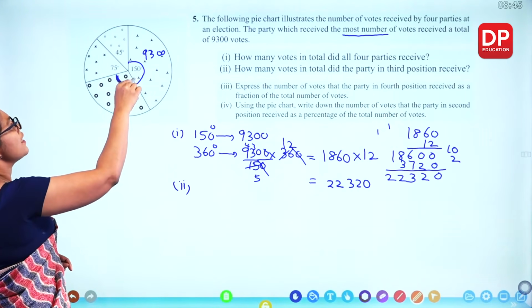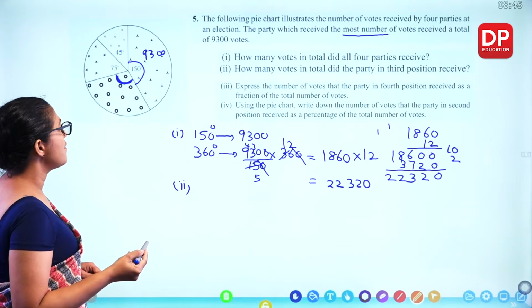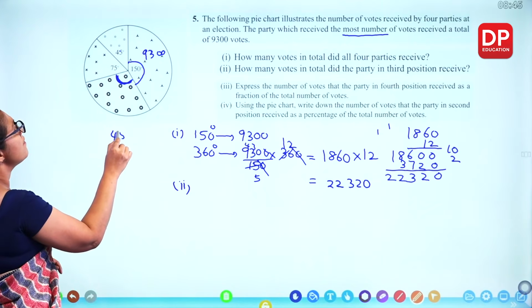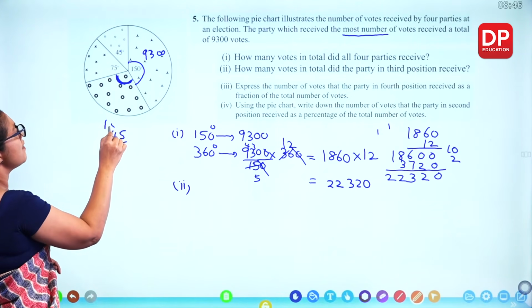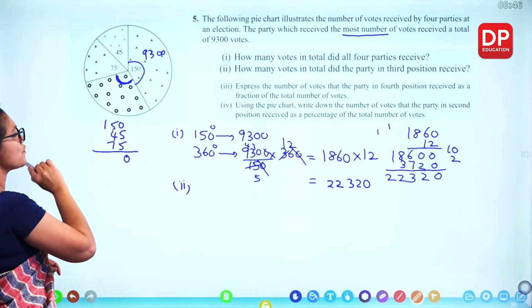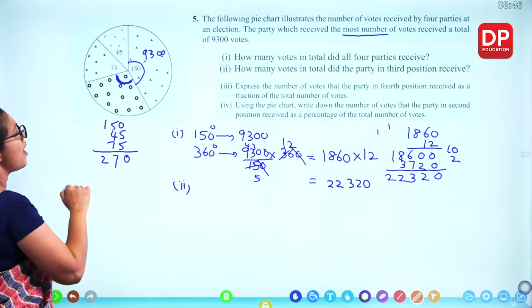So here what we can do, add all these angles and subtract from 360. So here when you add 45, 75 and 150, what you get? 270.